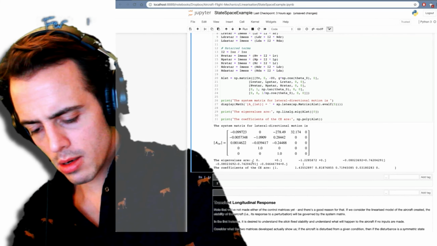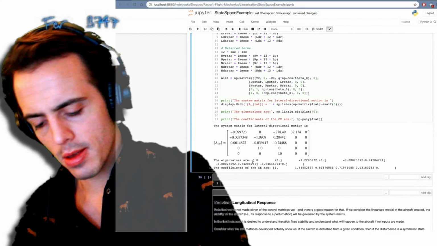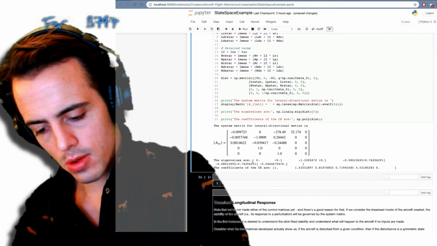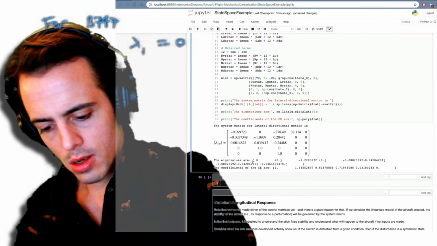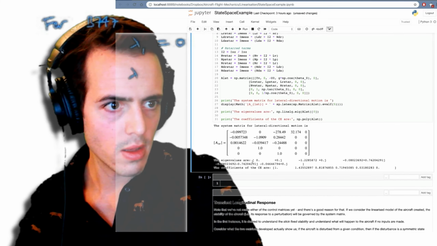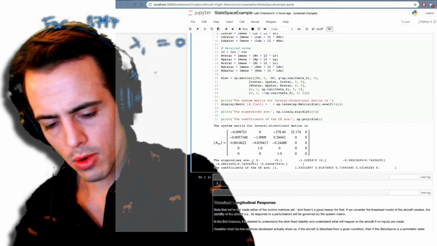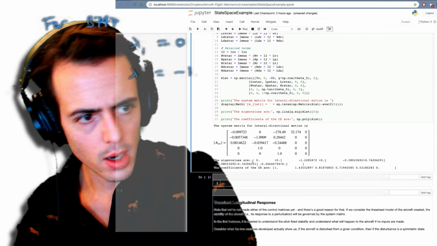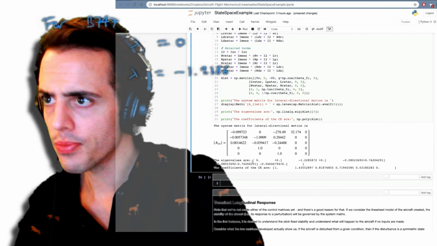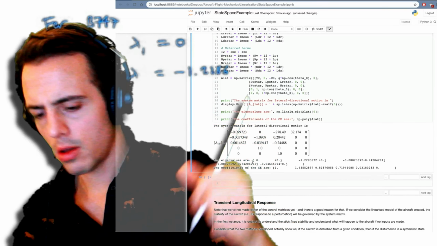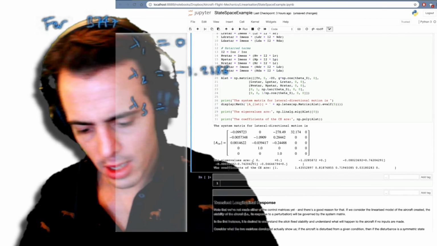So for the Boeing 747, and this will become more legible when we're back on the blackboard in a moment, we've got one eigenvalue which is just equal to 0. One eigenvalue which is equal to minus 1.2286, and no imaginary parts. We've got another eigenvalue, which is a complex pair.